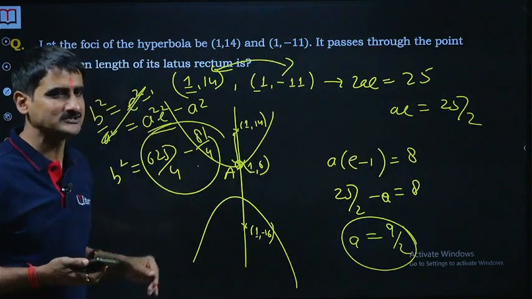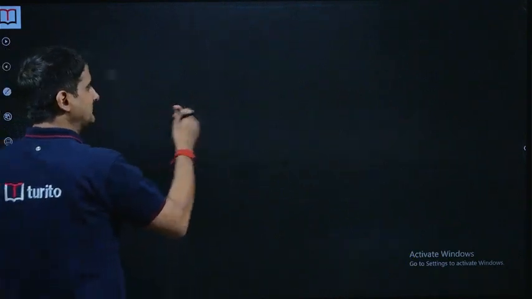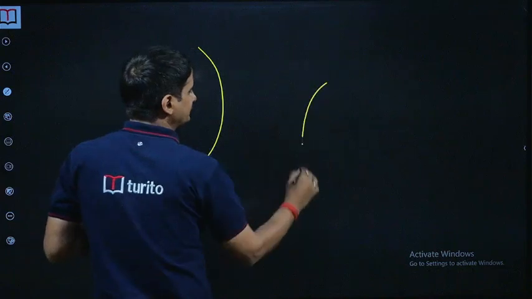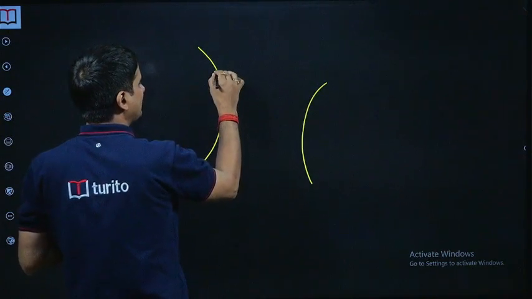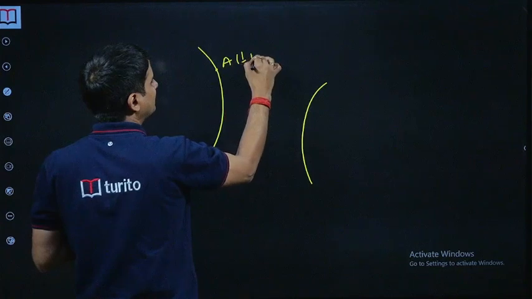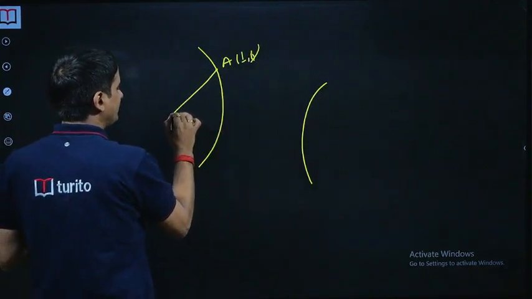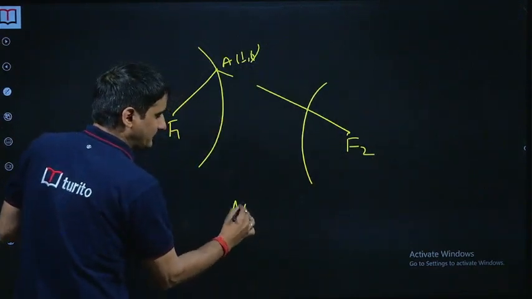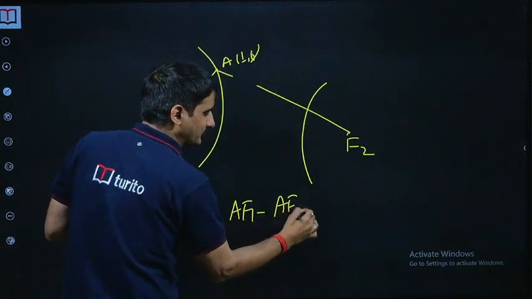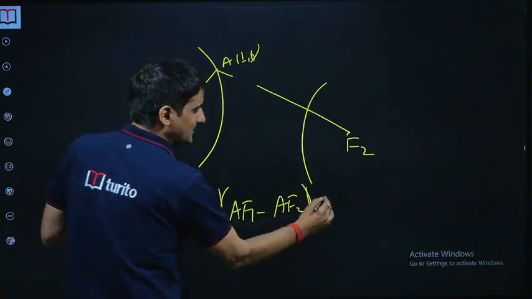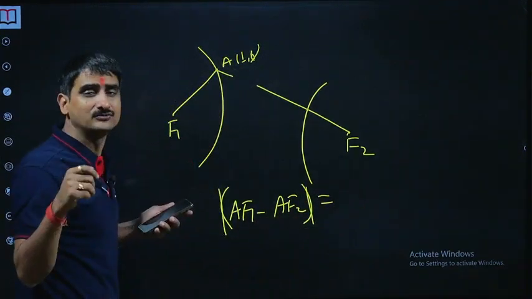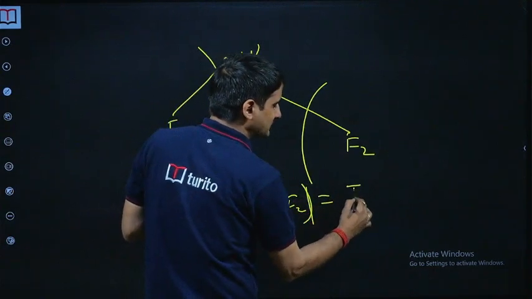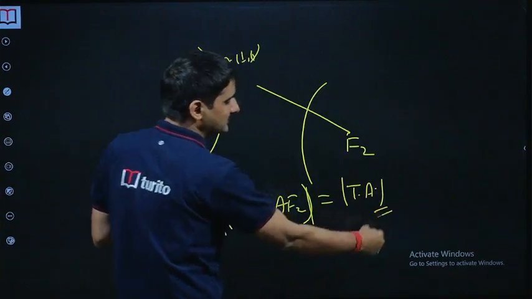Achha, what else I was trying actually was, see, there's a definition for hyperbola, that distance of a point (1, 6) from one focus and the other focus, so AF1 minus AF2, whichever is larger, its mod is nothing but the length of the transverse axis. So I was actually using this one.